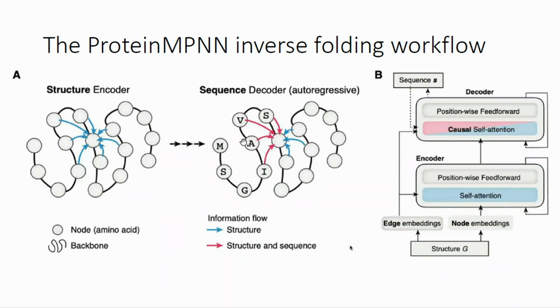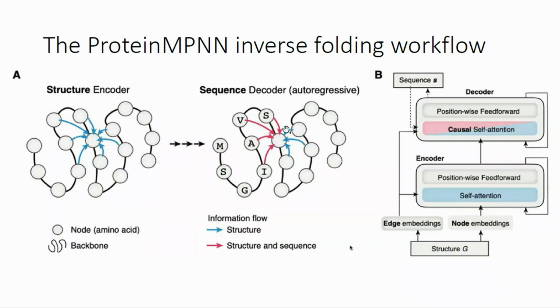And during the decoder stage, it again applies message passing over a new graph, where in this graph part of the nodes have an assigned amino acid identity, and part of them are still masked. By dynamically changing these node features and redoing this message propagation, it is able to come up with an autoregressive model that, conditioned on the current partially decoded graph, can make a prediction of the amino acid type for the next amino acid in the graph.